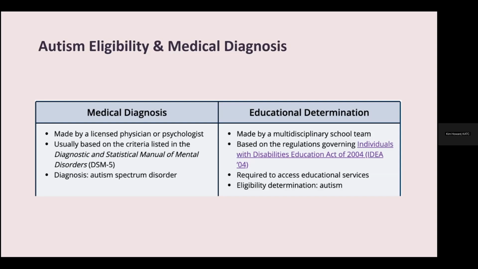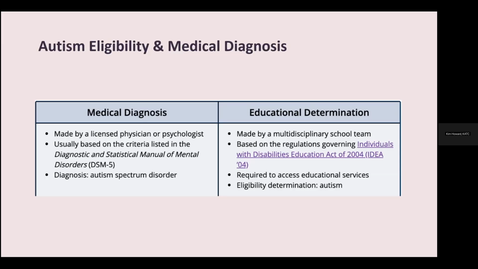I get the question of whether a student has to have a medical autism diagnosis for a school to determine if they have autism eligibility under IDEA. And the answer is no. They do not have to have a medical diagnosis.